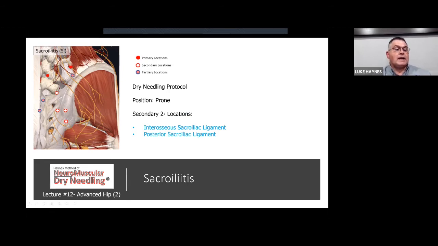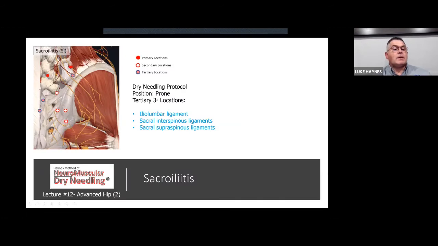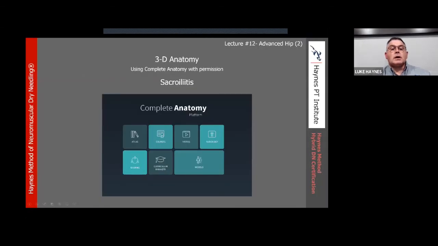So here we're looking at our locations right here. And those are the ones that we will get a lot of good benefit with. Lastly, we'll go to the iliolumbar ligament up a little bit higher. And then let's go ahead and hit the interspinous and supraspinous ligaments as well, more medially, more in midline. So let's take a look here.